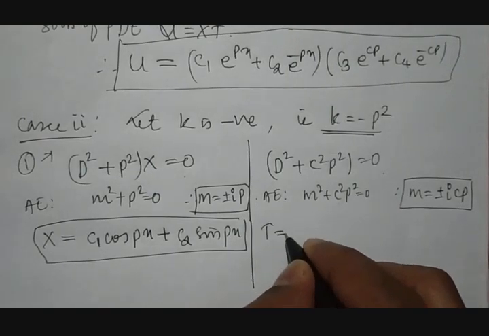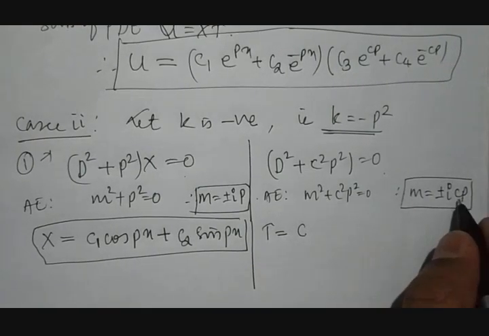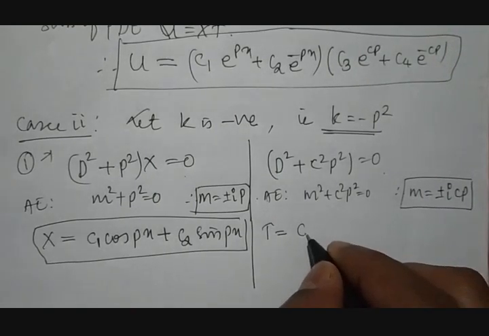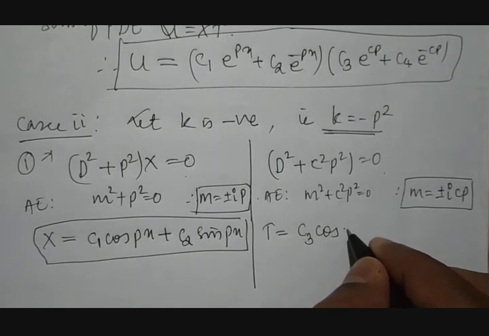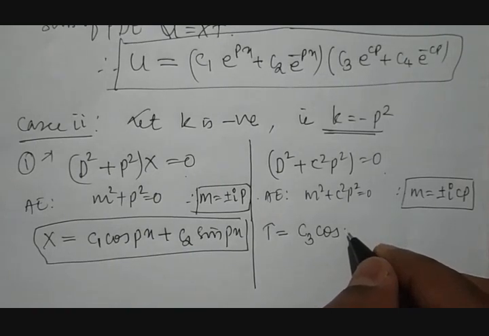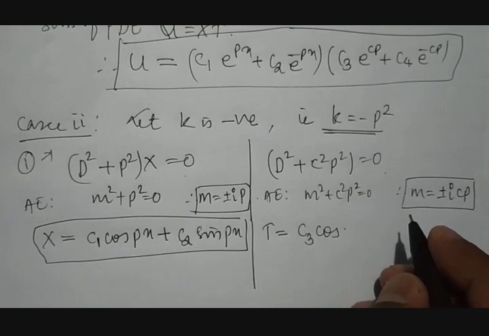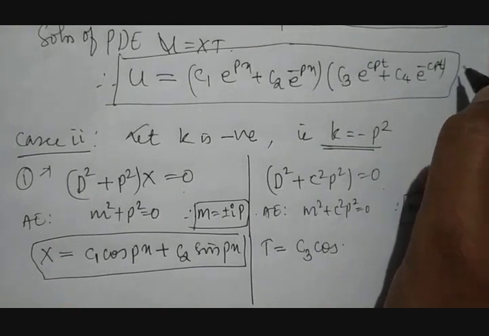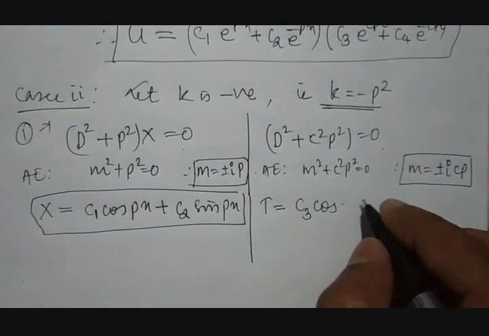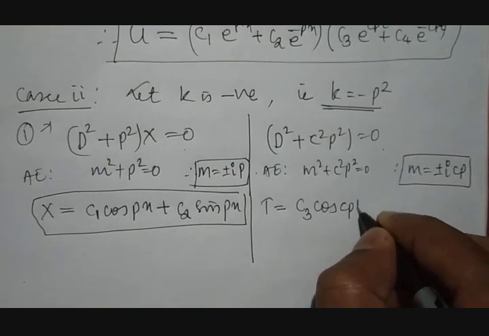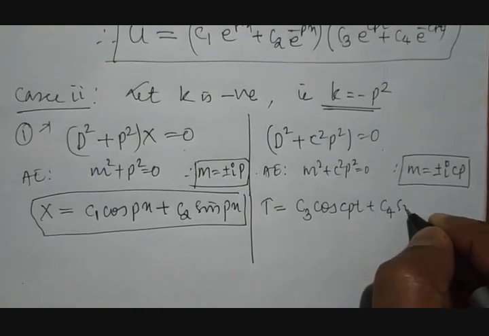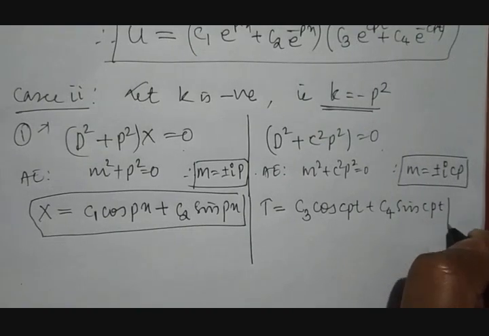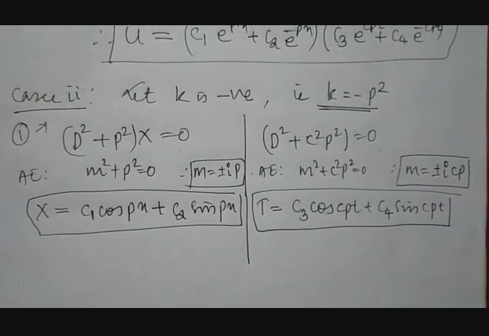Therefore, the solution of T, since it is again a purely imaginary root, is C3 into cos, it should be with respect to t, so t will be there. So this is cos Cpt plus C4 into sin Cpt. This is the individual solution.